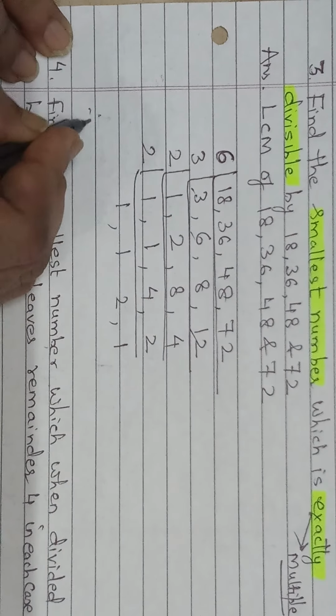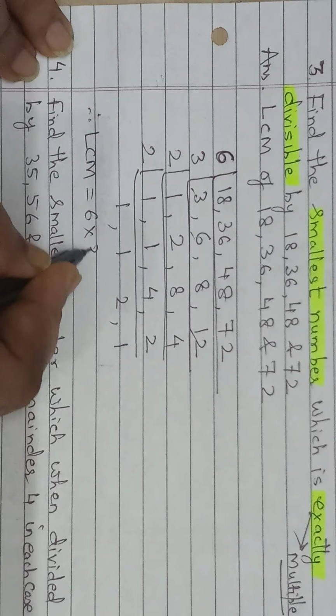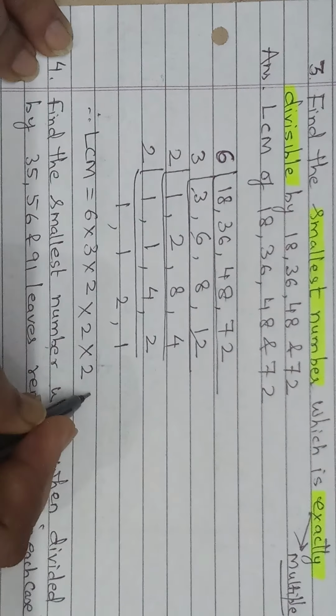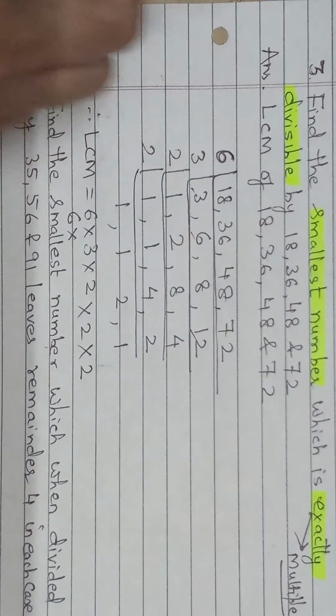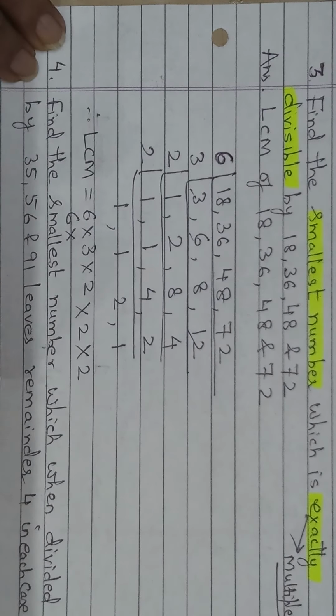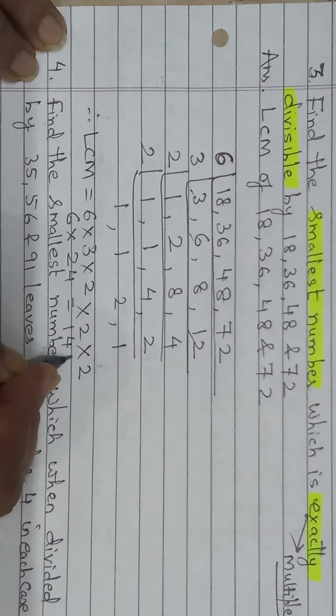That means what will be your LCM? LCM is 6 into 3 into 2 into 2 into 2, which becomes 6 into 3 2s are 6, 6 4s are 24. So 24, which means this is 144.